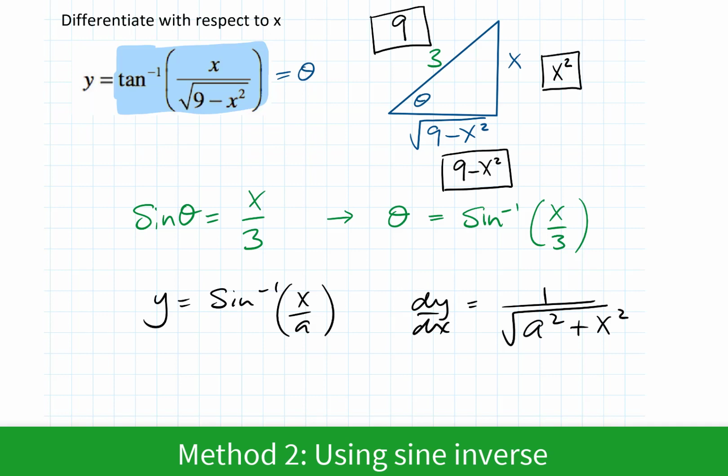So in this question, we can see that our x is just an x, and we can see that our a is 3. So our answer to dy dx is 1 over the square root of 3 squared, which is 9, minus x squared. This is the same solution as we got before. However, my headache has been reduced greatly.